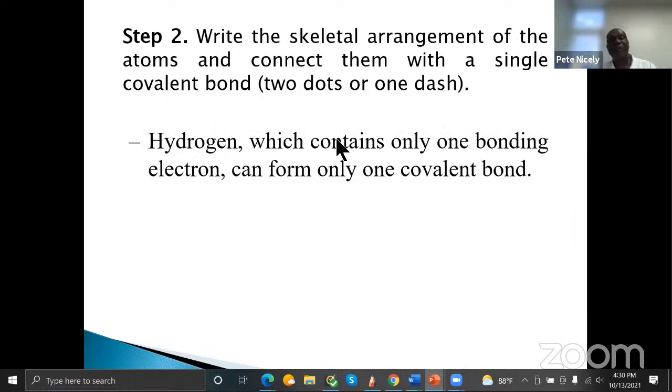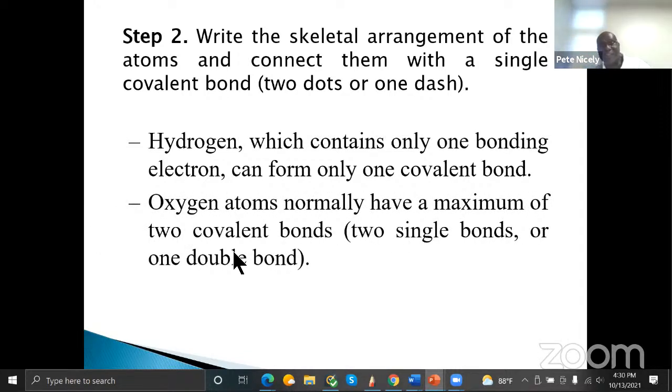In the case of hydrogen, it can have only 1 pair of electrons associated with it, so it can only form 1 covalent bond. Oxygen, on the other hand, can have up to 8 electrons on its outer shell. Let's leave it at that. So in the case of oxygen, it can have a maximum of 2 covalent bonds.